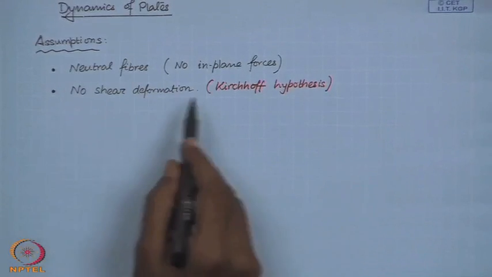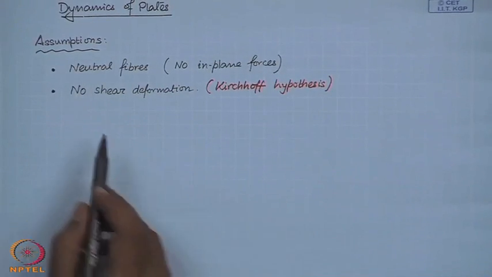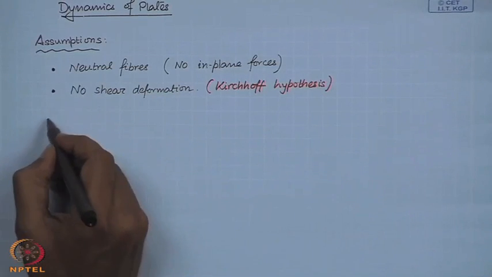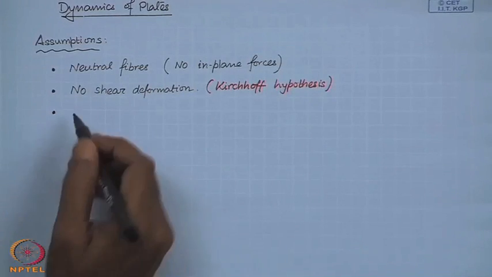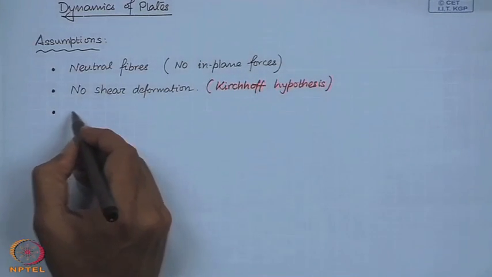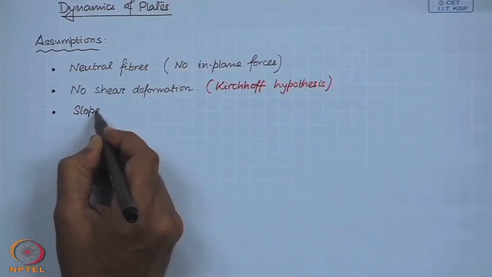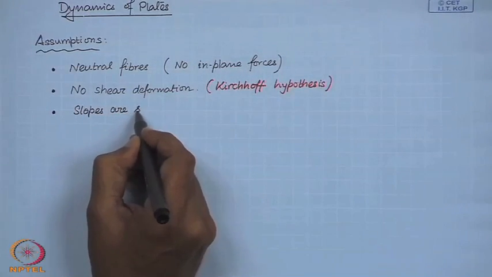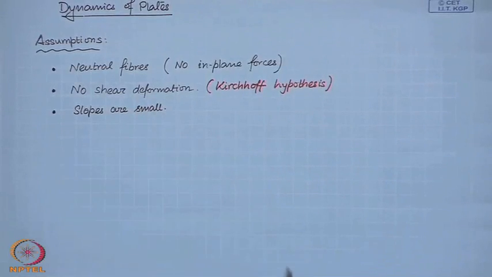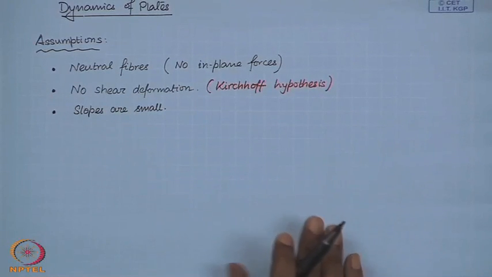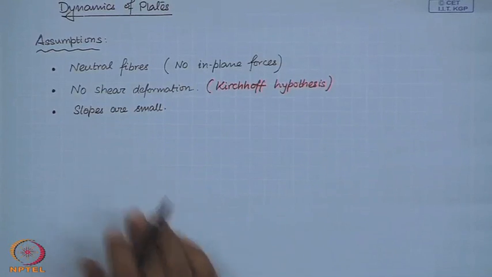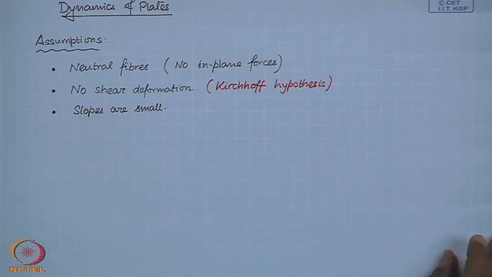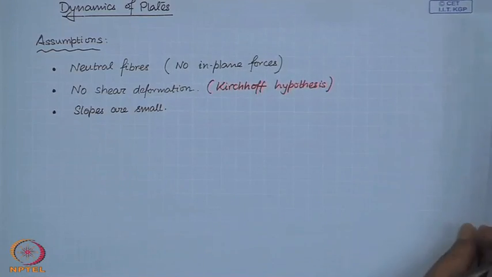This corresponds to the Euler-Bernoulli hypothesis for beams. The third assumption we make, to keep our model linear, is that the slopes are small. So when the plate deflects, the slopes because of this transverse deflection are small. We are going to model under these assumptions.